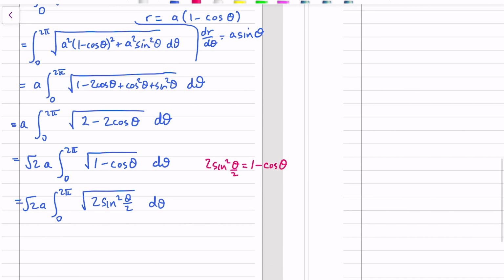The sine graph, this here is the sine graph from 0 to 2 pi. Sine theta over 2 looks like that. It's always positive. And therefore the square and the square root do cancel each other off because we're dealing with a positive quantity.